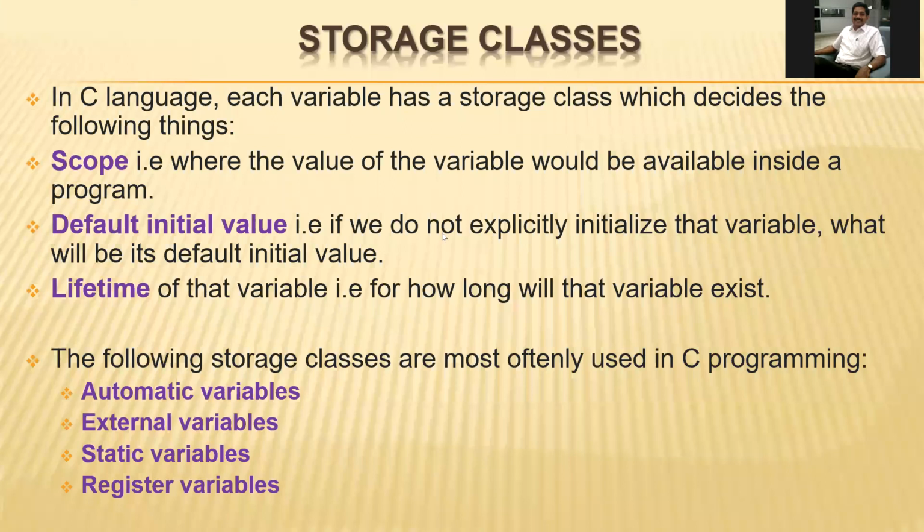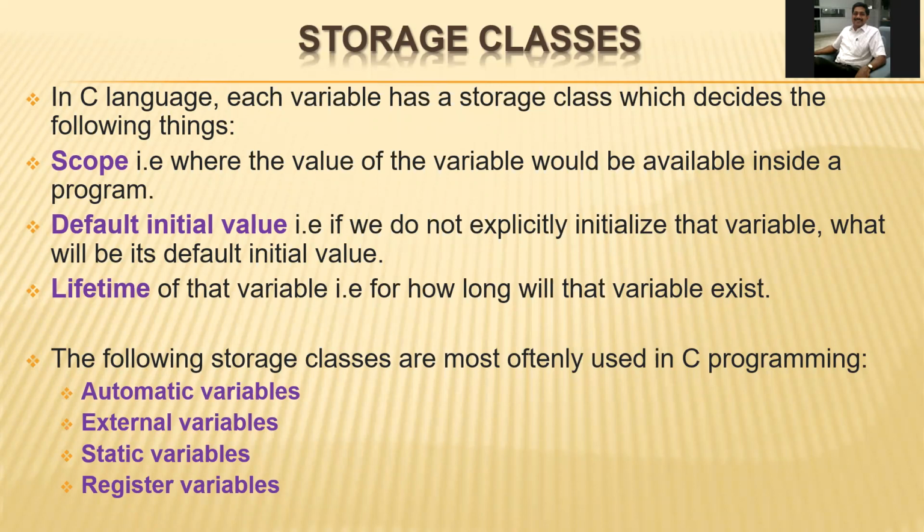If we do not explicitly initialize that variable, what will be its default initial value? Some value we have to initialize, or otherwise in some calculation part that value will be initialized or calculated. But every variable in a program will have some value.